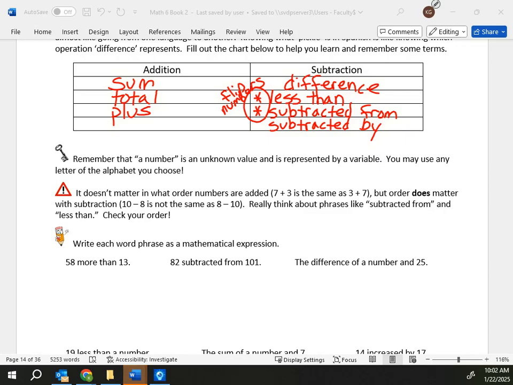So if it's 82 subtracted from 101, subtracted from is starred, so I know I need to put 101 first. So you need to remember to flip those because we're taking 82 away from that 101.